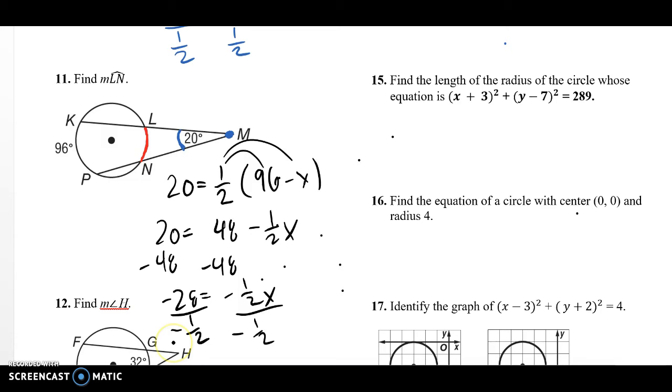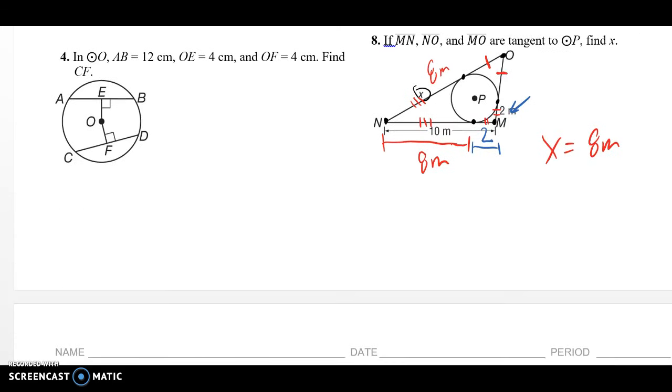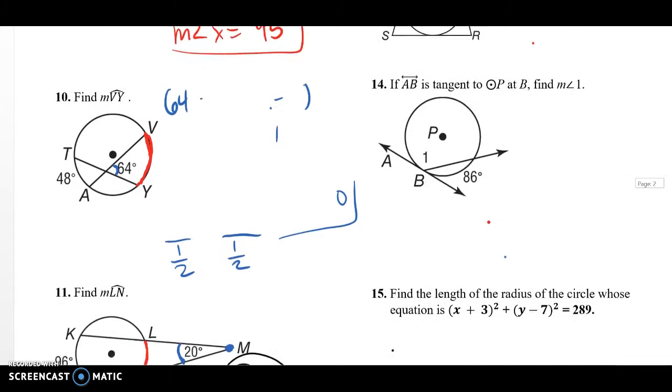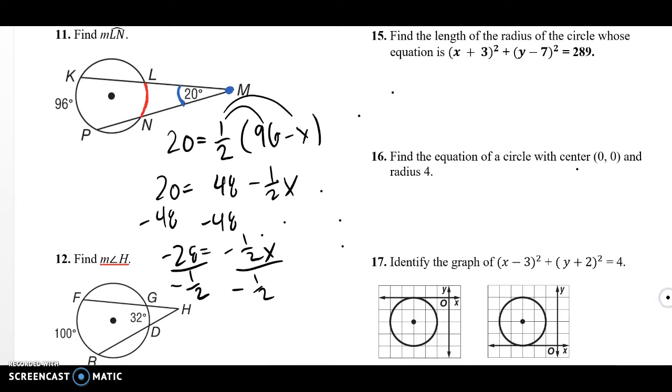Negative divided by negative puts it back into positive land for us. Oh, sorry about that, accidental scroll. We'll come right back to where we were. And we'll find that the answer is X equals 56.